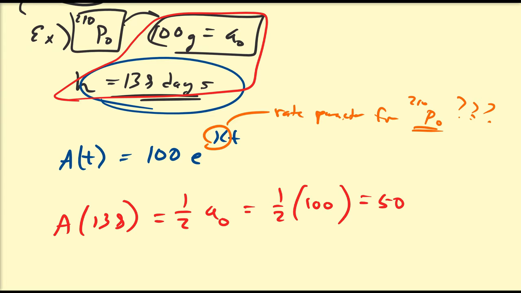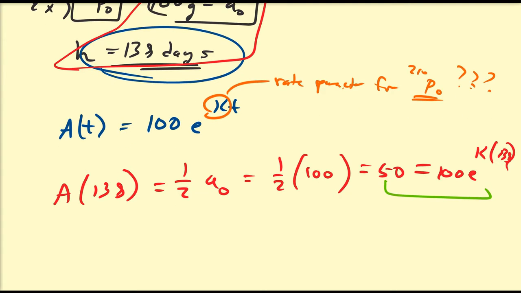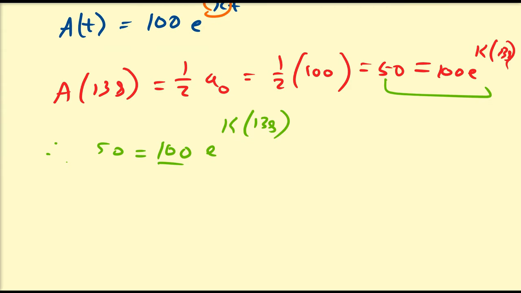So 50 must be equal to 100 e to the k, replacing t with 138. We should have this relationship. That means after 138 days, we should be equal to half of what we started with, in particular 50. This is our half-life.